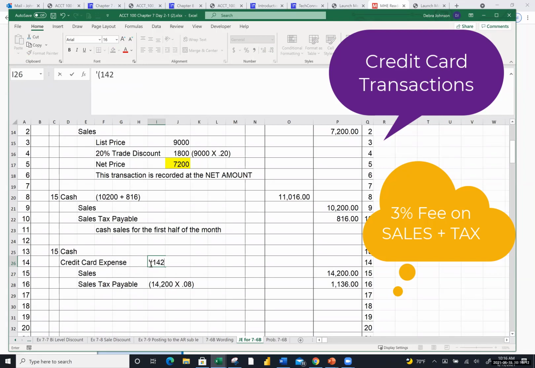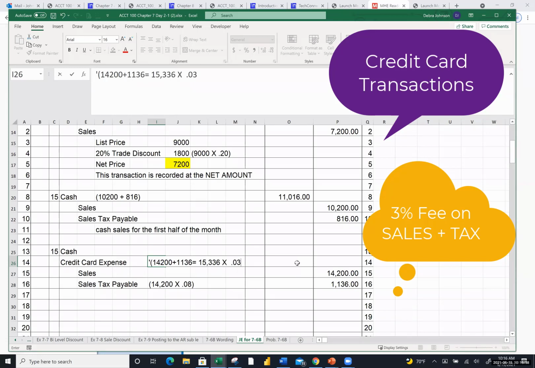It's $14,200 plus the tax. Okay, so I'm going to calculate that part first. I'm going to do this on my calculator. 14,200 plus 1136 equals 15,336. Giselle, I'd really appreciate it if you could double check my math for me. That's the part that's subject to the 3%.